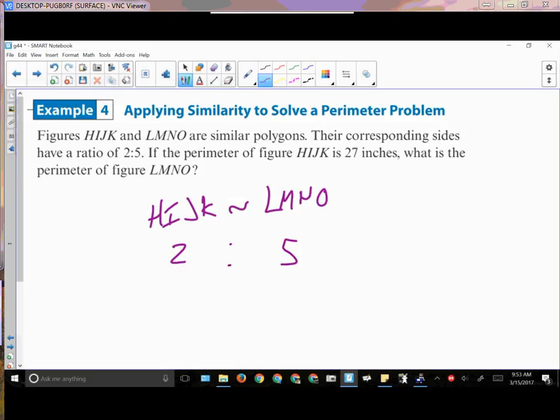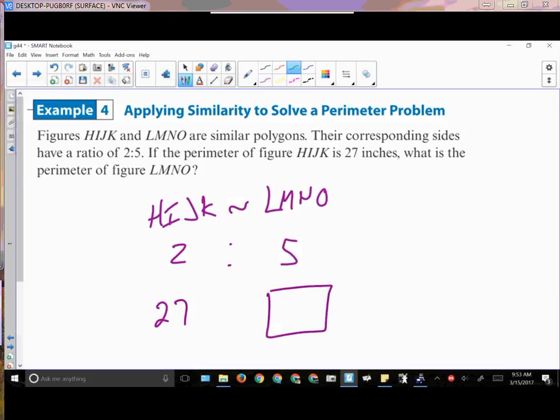Now, we are also given something in HIJK. It's supposed to be 27 inches. So 27 is supposed to be over here. Question is, what would go over here? What would be its corresponding length? Now, 2 to 5 isn't bad, but it's kind of ugly, isn't it?